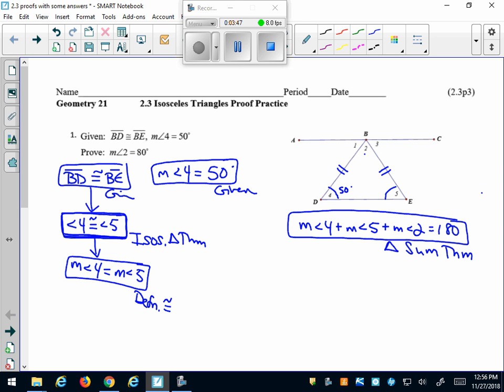So think about it this way. What does the definition of an isosceles triangle say? Like if you looked up isosceles triangle, would it say that there's two sides congruent, or would it say that there's two angles congruent? Sides. Isosceles is typically a classification of triangles by sides.